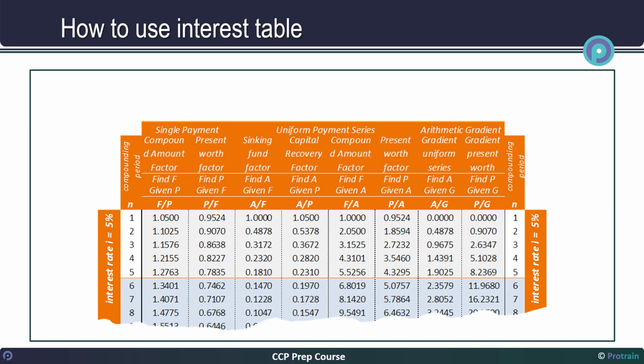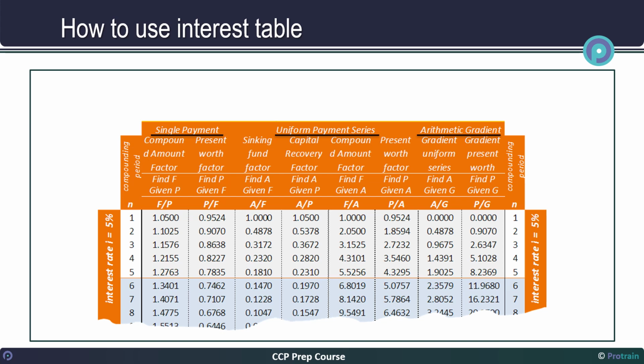Let us understand how to read an interest table. First thing is the rate of interest. For example, the table shown on the slide is for 5%. Similarly, there shall be other interest rate tables on other pages. Second thing is discount factors. These factors are categorized in 3 categories of single payment, uniform payment series and arithmetic gradient.